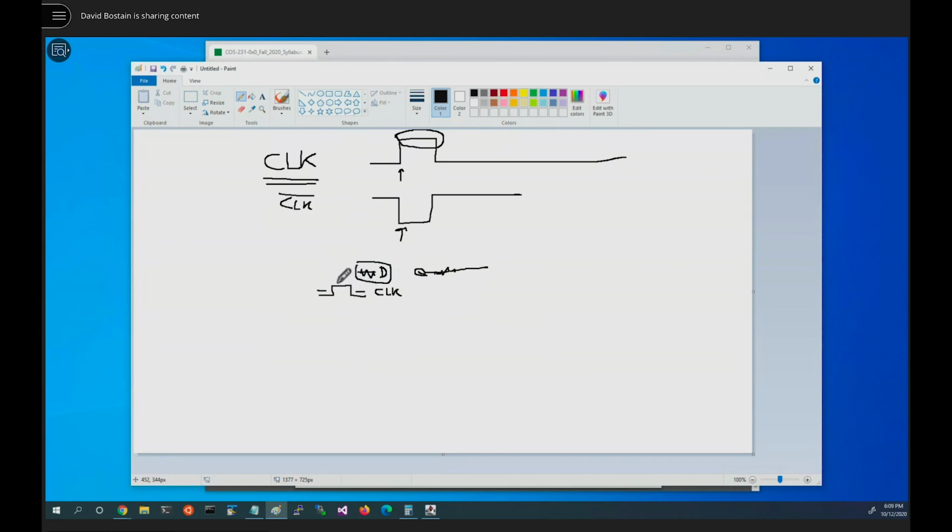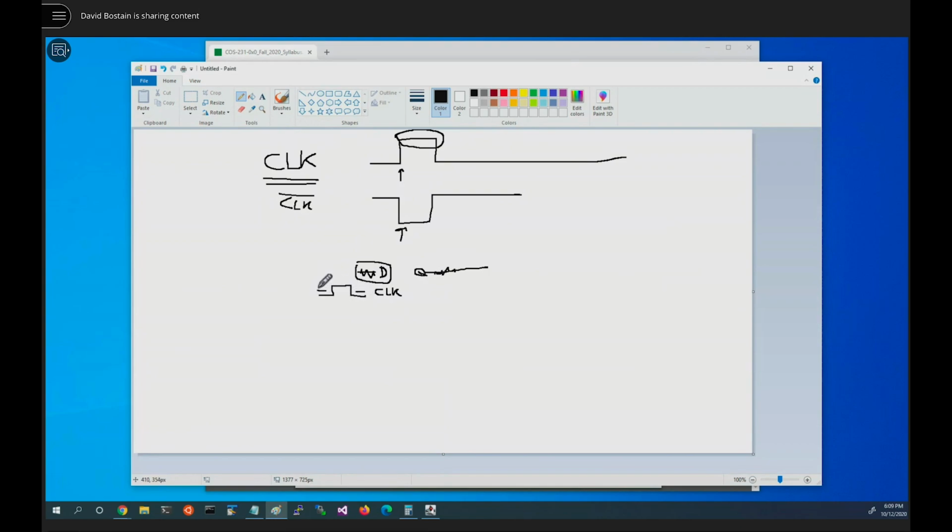That way, the entire time that it's high, we'll see the correct value, and that'll be the value that gets latched into Q at the end of that high period, after we're not high any longer.